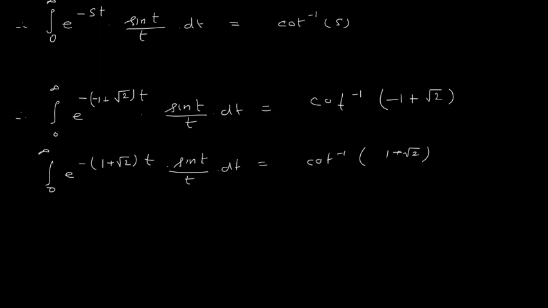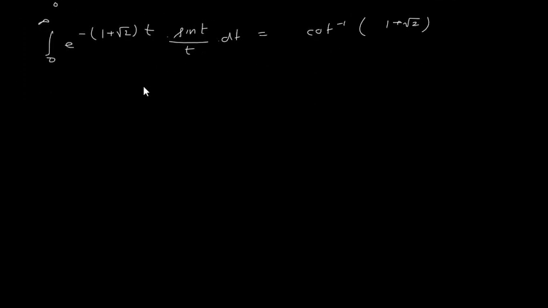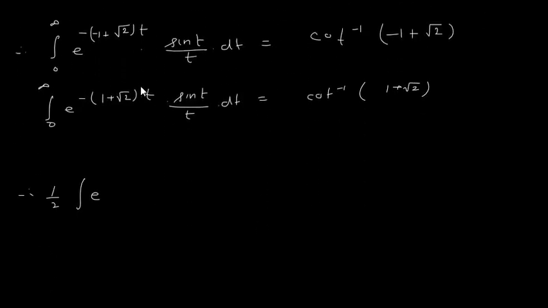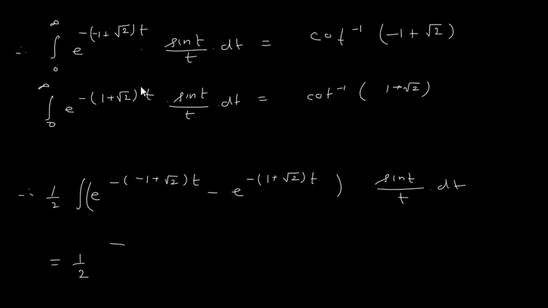Therefore we have 1 upon 2 times the integral of e power minus of minus 1 plus root 2 t, minus e power minus of 1 plus root 2 t, into sin t upon t dt, which will be equal to 1 upon 2.